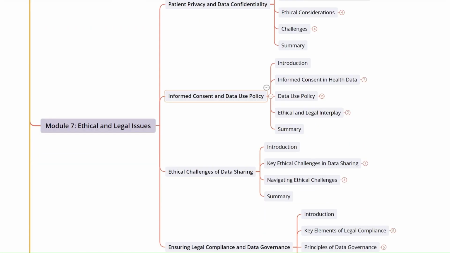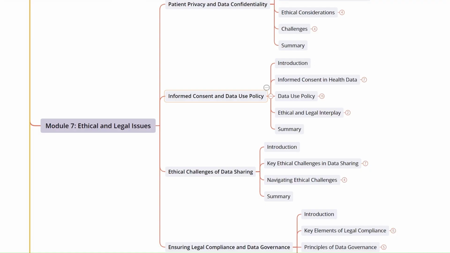The conversation then shifts to informed consent and data use policy, which underscores the importance of transparency and patient autonomy. Patients have a right to know how their health data will be collected, stored, and used, especially as data sharing between providers, researchers, and third parties becomes more common.